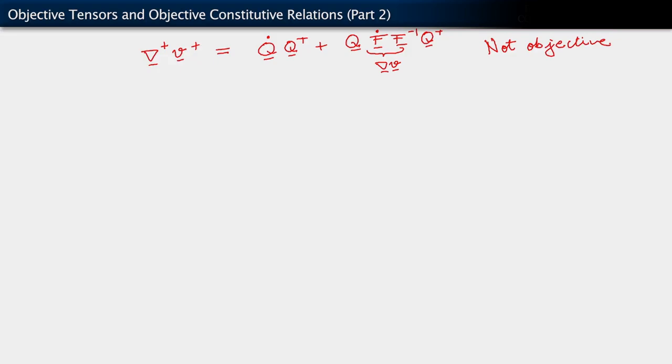Let's look at what happens with the symmetric component here. That symmetric component is what we denoted as D originally, so we're going to call it D plus now. It's the symmetric part of this.